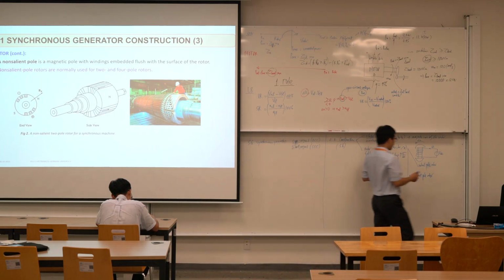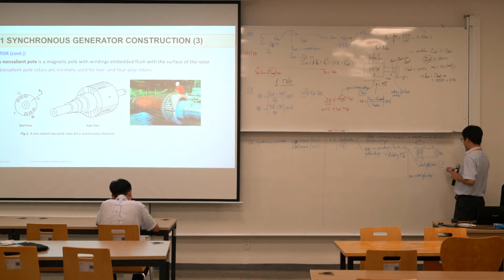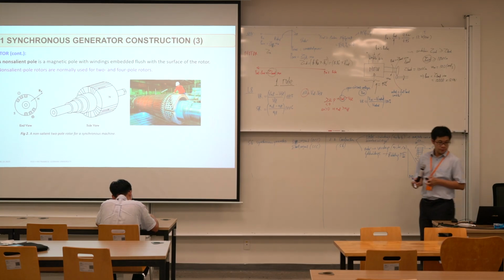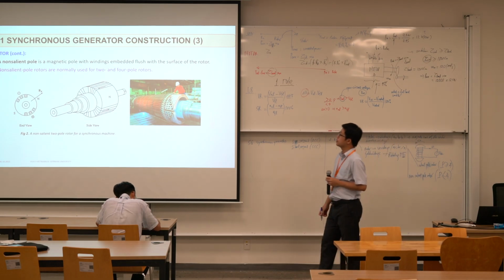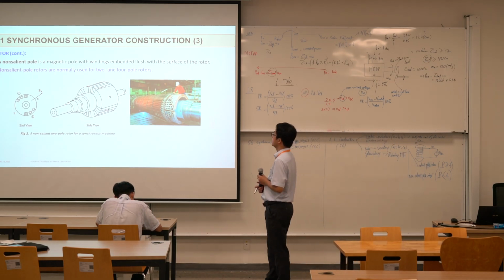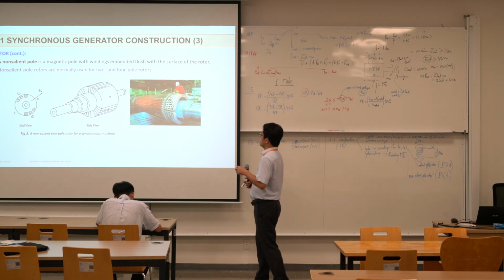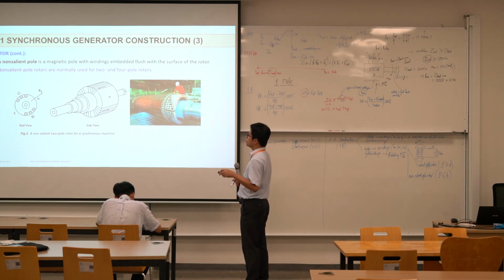So for salient pole rotors, the number of poles is 4 or more. For non-salient pole rotors, the number of poles is less than 4, normally 2. Normally 2. Okay. For the non-salient pole rotor, the length of the rotor is longer.